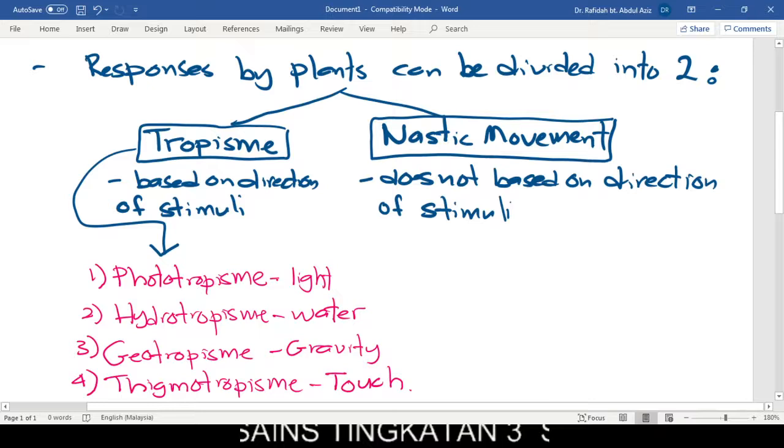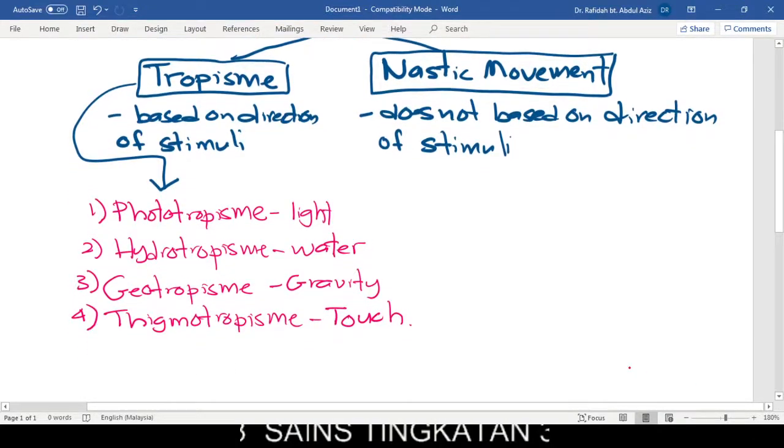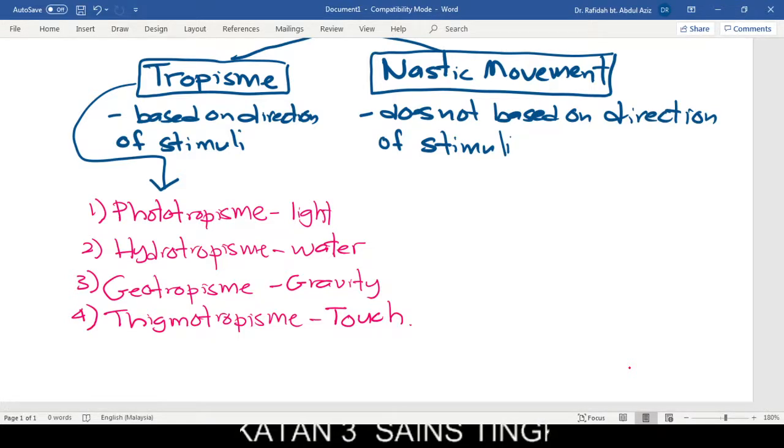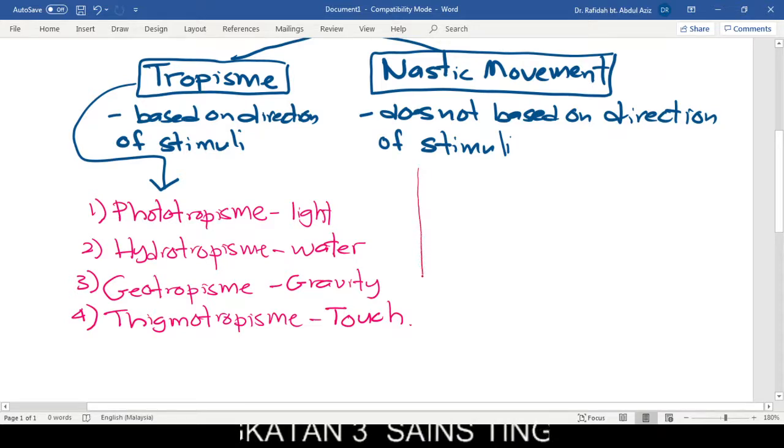Phototropism is a light stimulation, hydrotropism is a water stimulation, geotropism is a gravity stimulation, and thigmotropism is based on the stimulation of touch. We will have to look into what exactly happens during this process. Before that, we will look into Nastic.